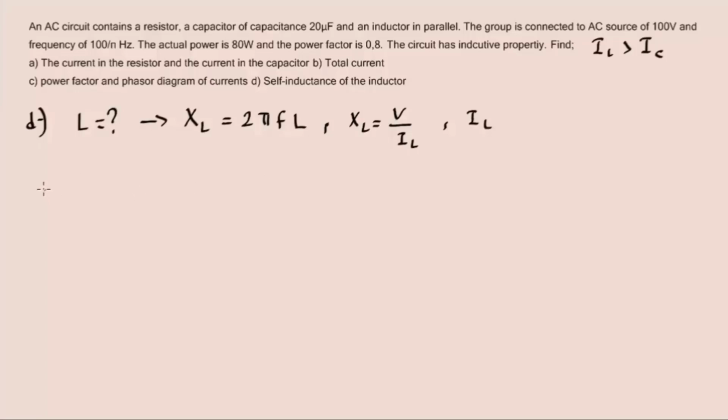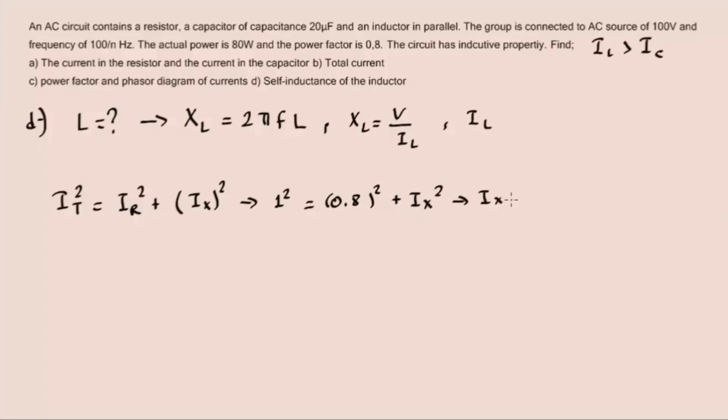From the total formula, I total squared equals IR squared plus IX squared, where IX is IC minus IL. I total is 1 squared, IR is 0.8 squared, plus IX squared.